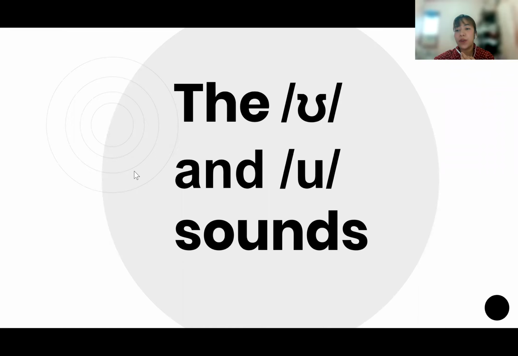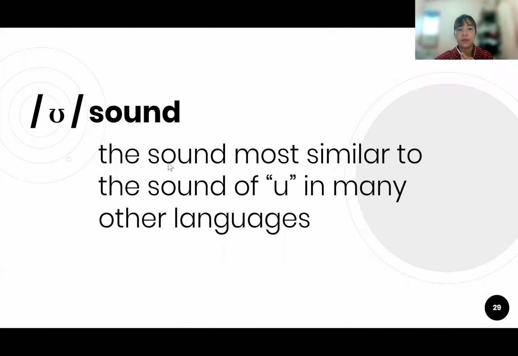Next, we also have your short U and your long U sound. This is what we call your short U sound, the sound most similar to the sound of U in many other languages.